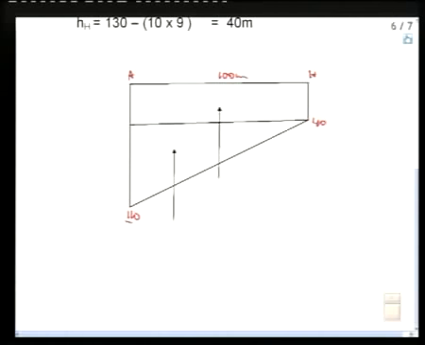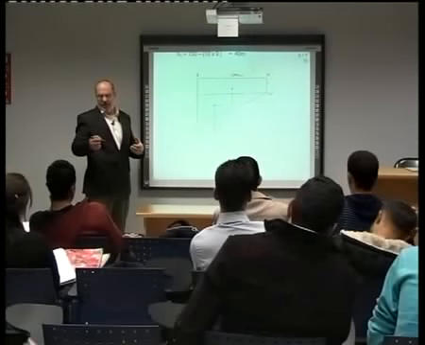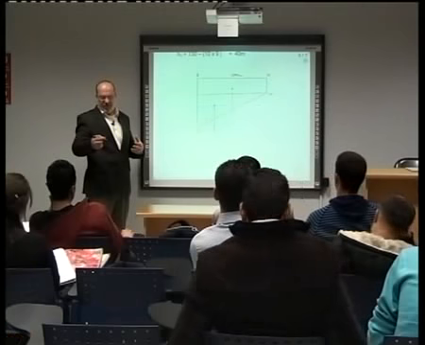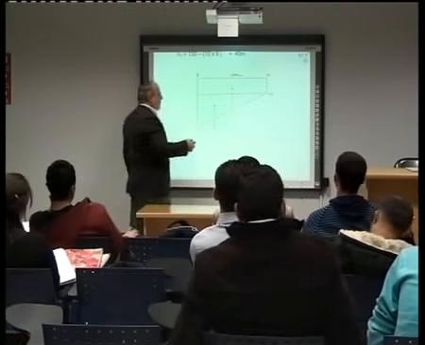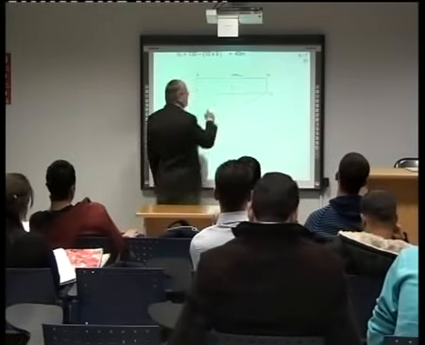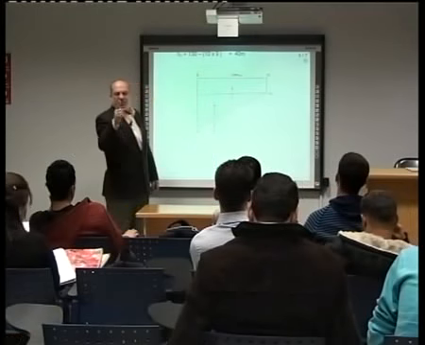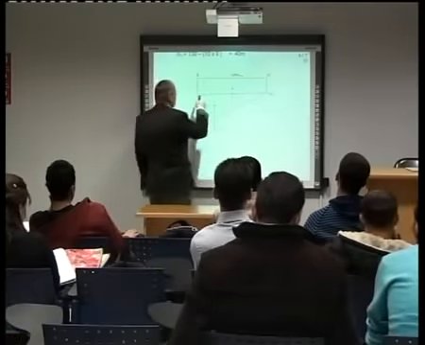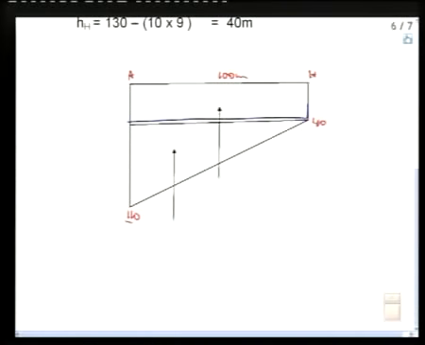Of course, I know the equation for the area of a trapezoid: this one plus this one multiplied by the distance between them. But we will not use this. What we will use is, we will divide this into two parts: one is a rectangle, and one is a triangle.